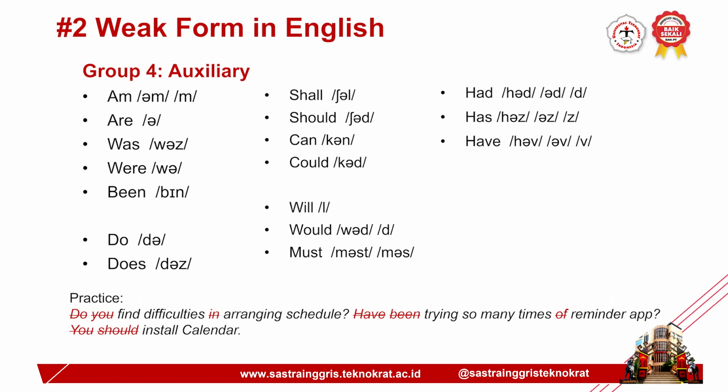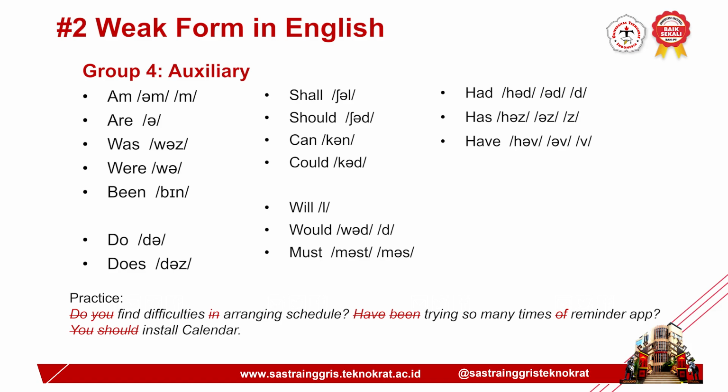So we have "am," but it's pronounced "um." "Are," but it's pronounced "er." "Was" is pronounced "wuz," "were" is pronounced "wer," "been" is pronounced "bin," "shall" is pronounced "shul," "should" is pronounced "shud," "can" is pronounced "kn," and then "could" is pronounced "kud."